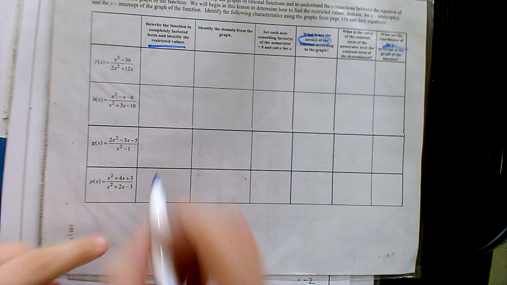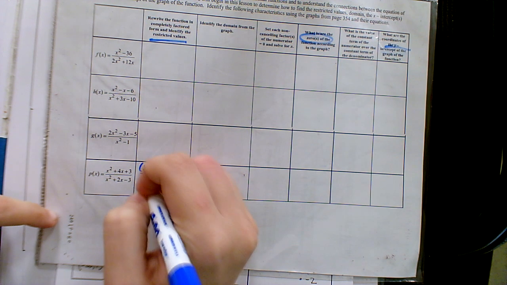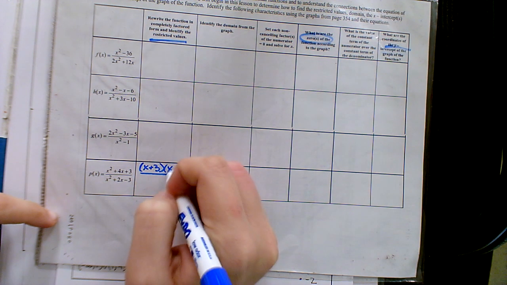So in our first column we want to completely factor it, and then based off the factors find the restricted values. So looking at the bottom, we got to think of two numbers that multiply to 3 but add to 4. 3 and 1, okay. And then for the bottom, two numbers that multiply to -3 but add to 2.